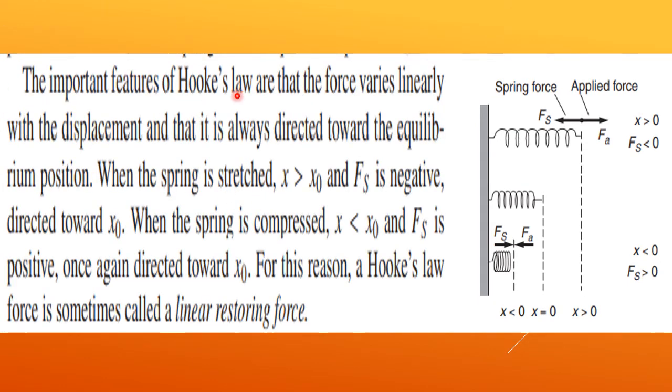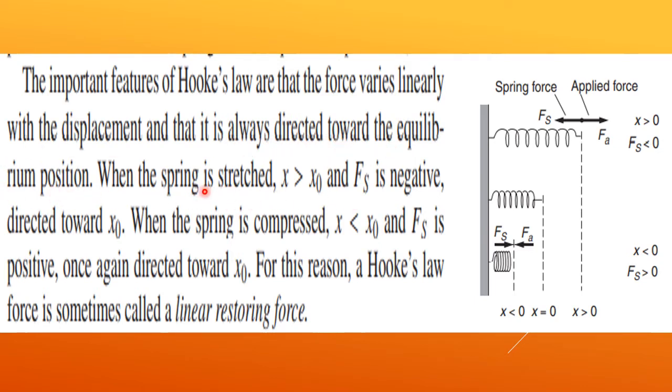Now the important features of Hooke's law are that the force varies linearly with the displacement. When F increases, displacement also increases, and it is always directed towards the equilibrium position.